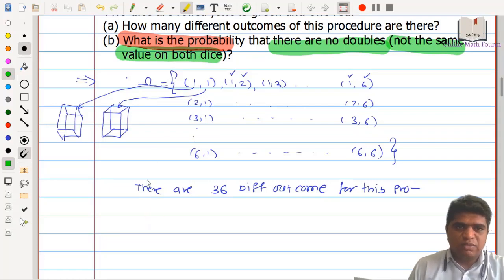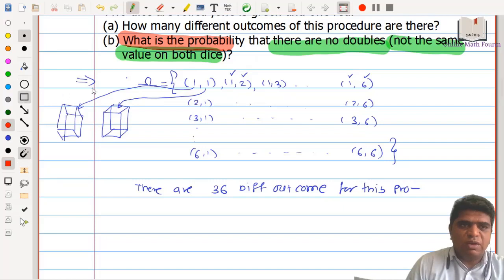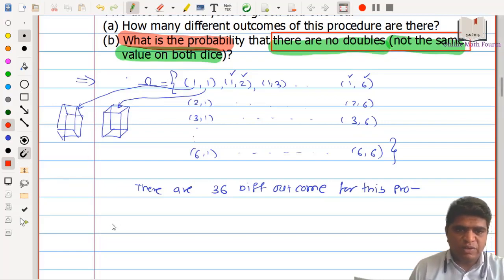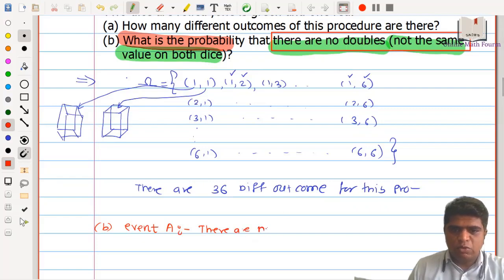So here we write event A. Event A is: there are no doubles.